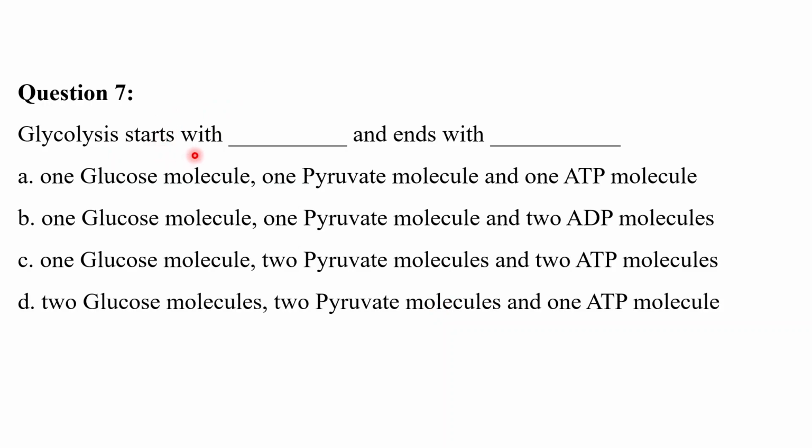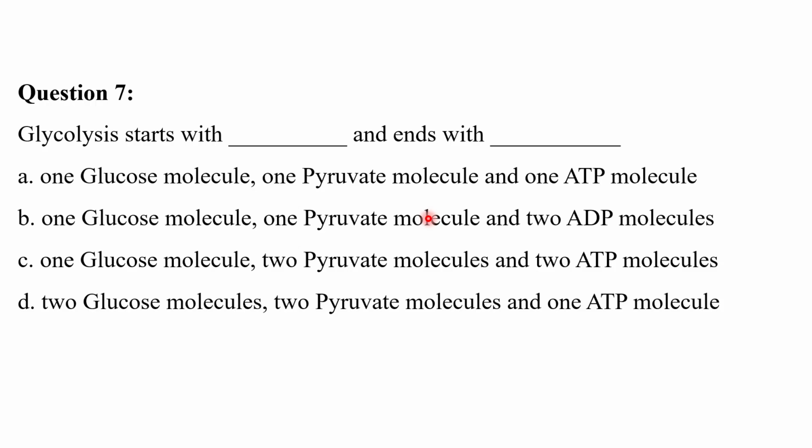So glycolysis starts with dash and ends with dash. Now we have discussed glycolysis in detail. So you can say it starts with which molecule? It starts with one molecule of glucose. Okay, and ends with what?